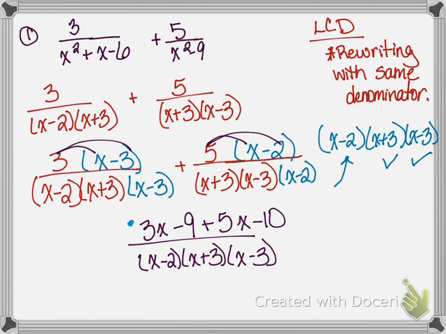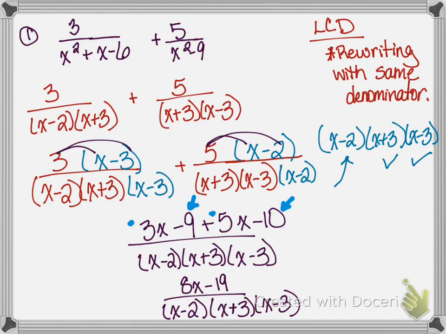I have 3x and 5x that I can combine, and then I have negative 9 and negative 10 that I combine. So my final answer here is 8x minus 19 over x minus 2, x plus 3, x minus 3. Okay, and again, we are simplifying here. Okay, let's do the next one.